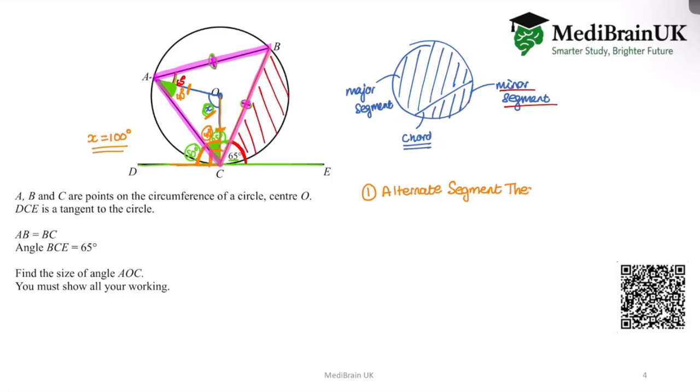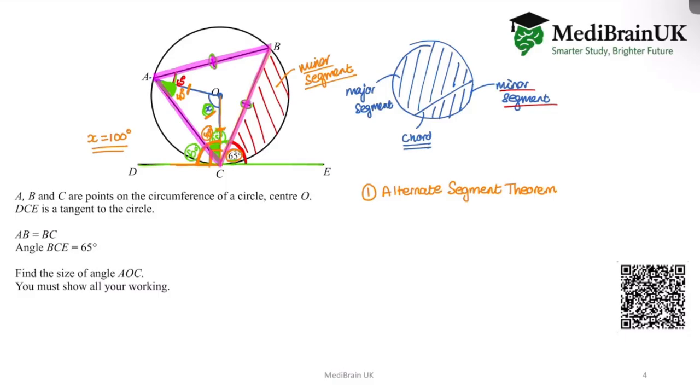And the alternate segment theorem states that an angle in one segment, the angle which is opposite to it in the other segment is going to be equal. The red lines that I've drawn are the minor segment, and we had an angle which was given, it was 65 degrees.